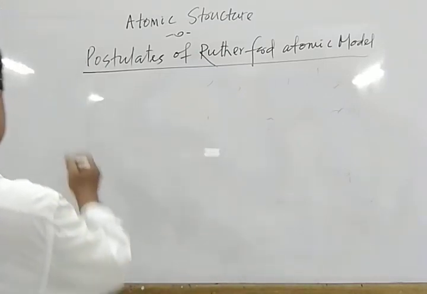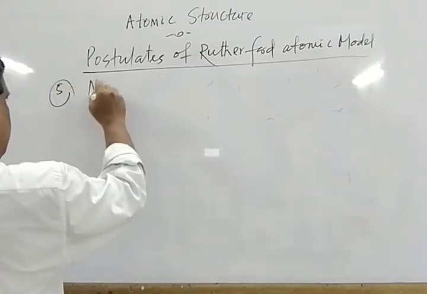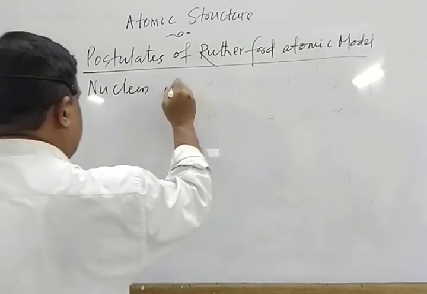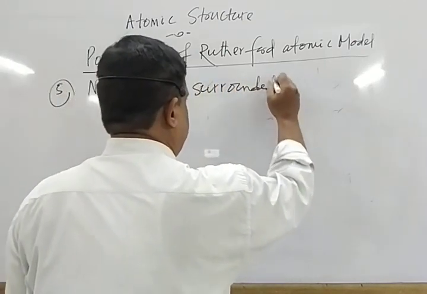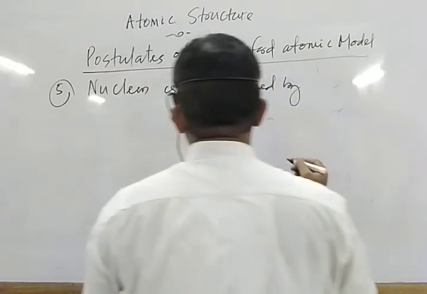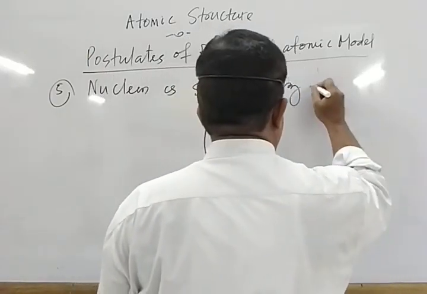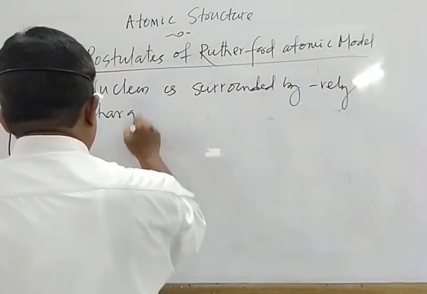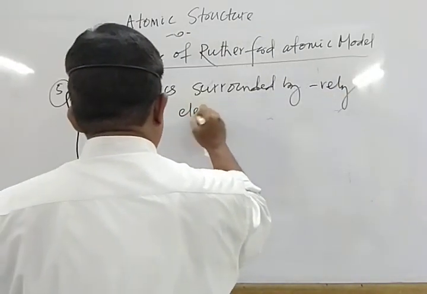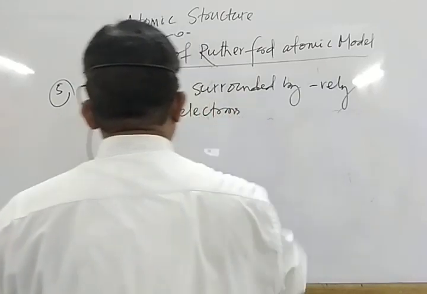Fifth point, nucleus is surrounded by negatively charged electron. Mark that.